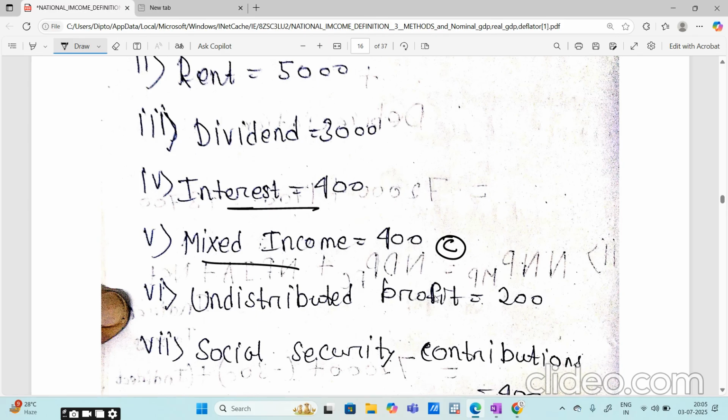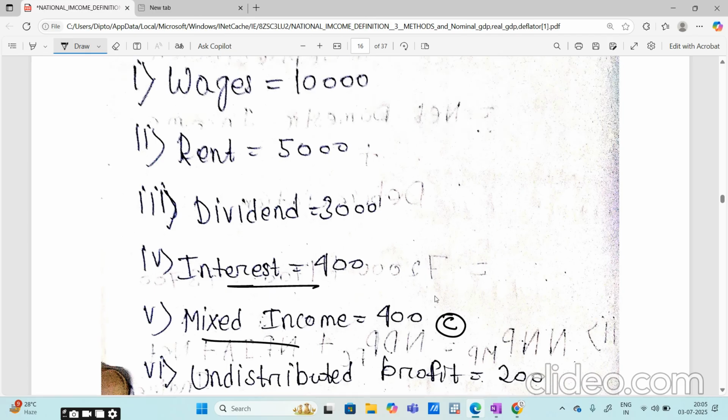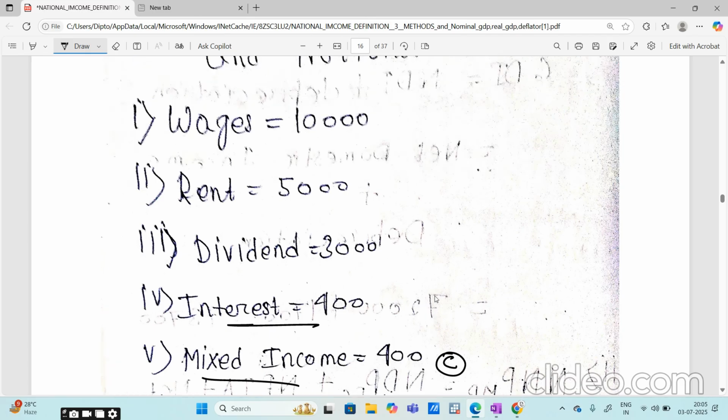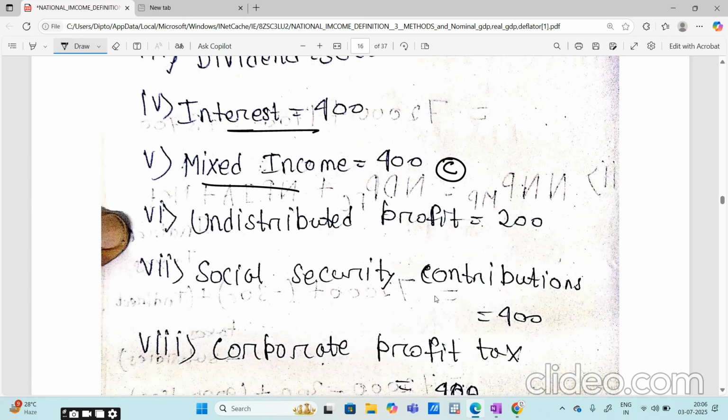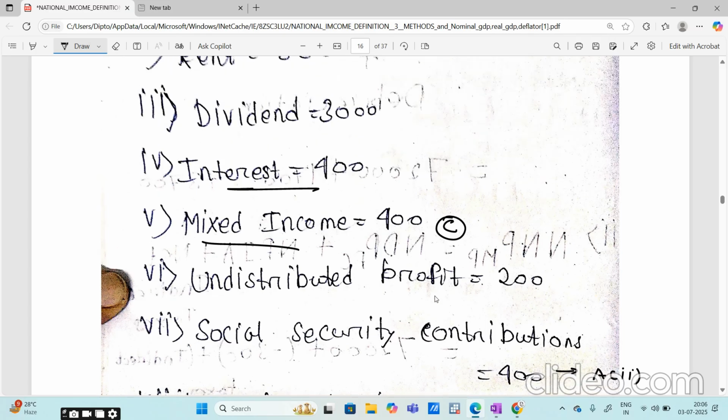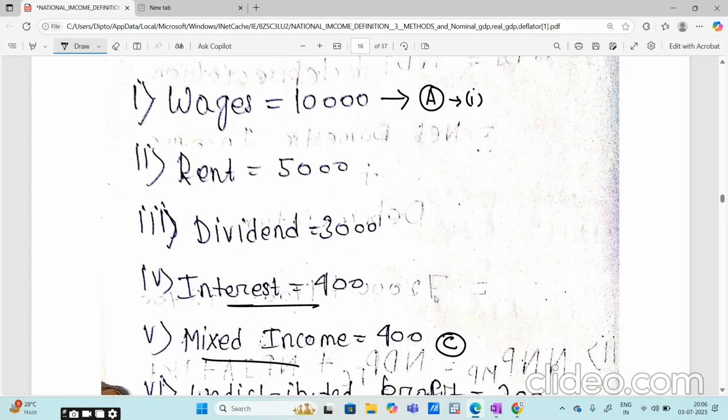Interest, dividend, rent. Okay, so wages is given, right? This is part A, part 1. Social security contributions, this is part A, part 2. Pension is not here, and if pension is not given in the question, that is part 3, we will leave it.